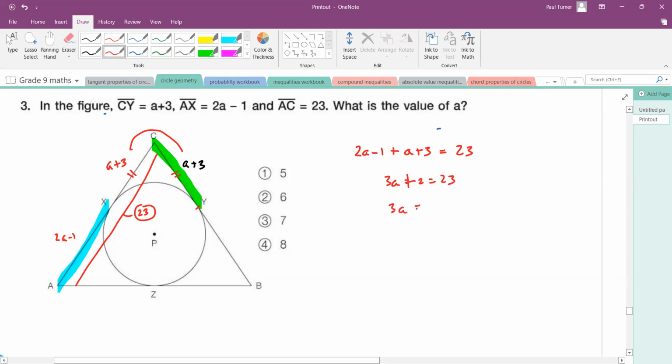So 3A will be equal to 23 minus 2. 3A equals 21. Divide both sides by 3. Therefore, A will be equal to 7. So your correct selection will be 3.